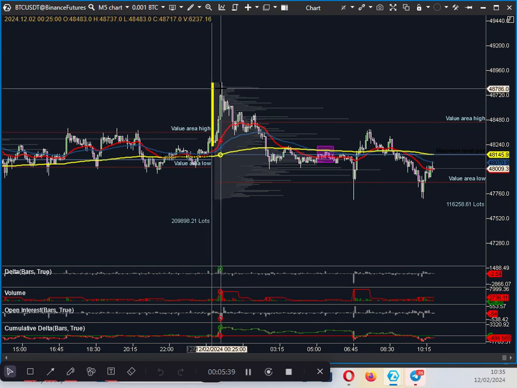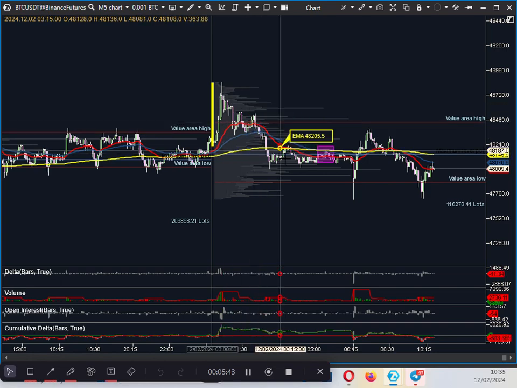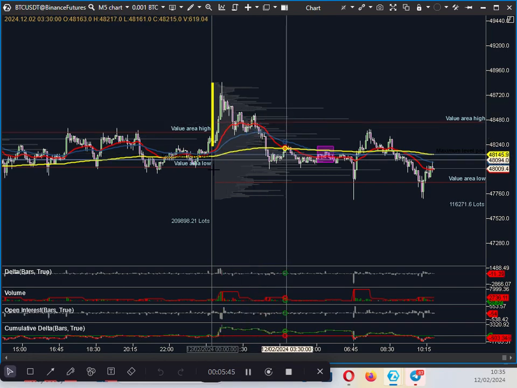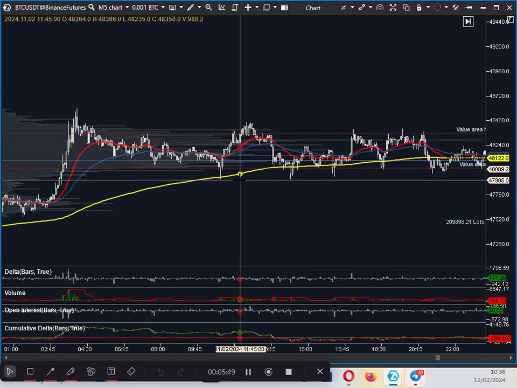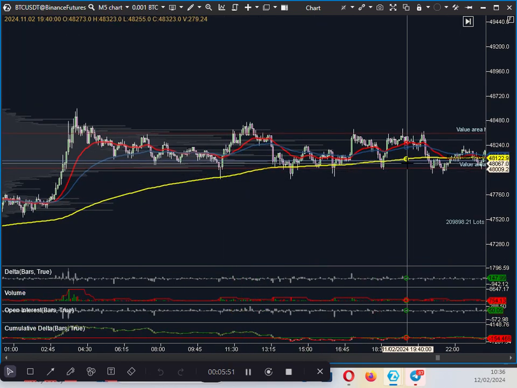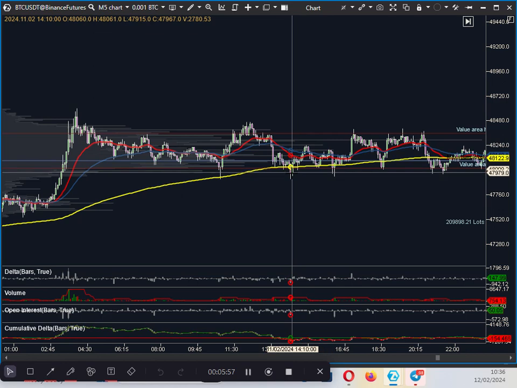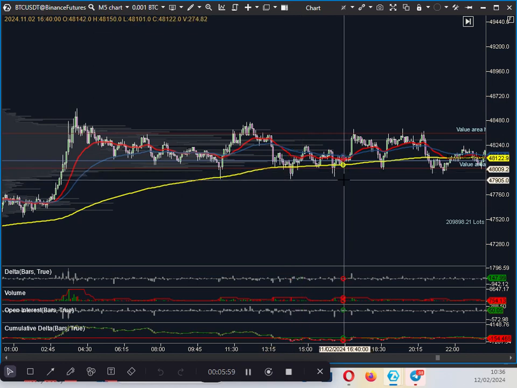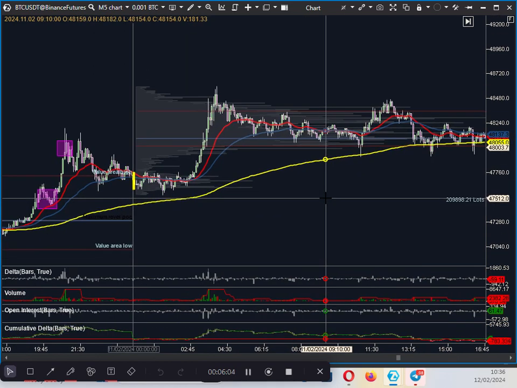I'd have taken a short there, aimed for the point of control again, and you'd have won that trade as well. And if you look back on days, it generally plays in between the value area low and value area high. If it comes out, it wants to come back to the point of control. If it comes under, it wants to come back to the point of control. That's how I trade scalping.